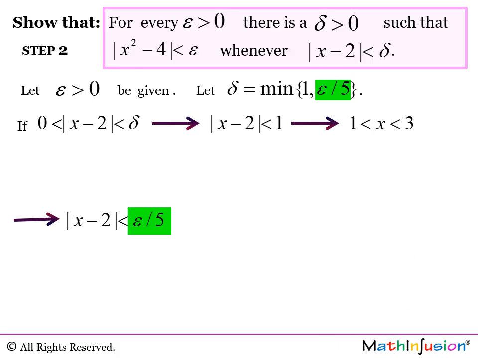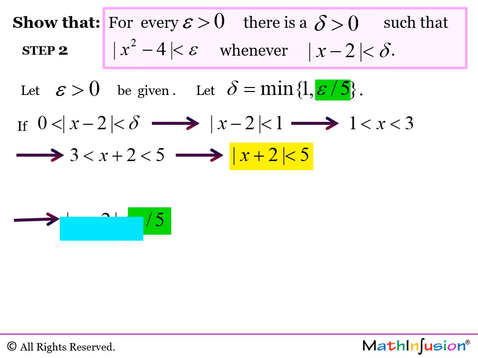But from here, we get that x is between 1 and 3, and x plus 2 is between 3 and 5. And x plus 2 in absolute value is less than 5.